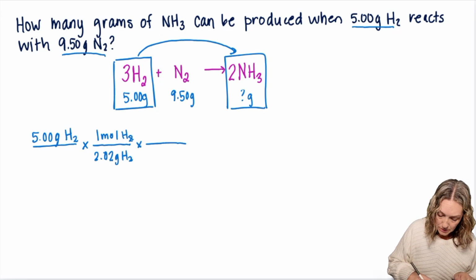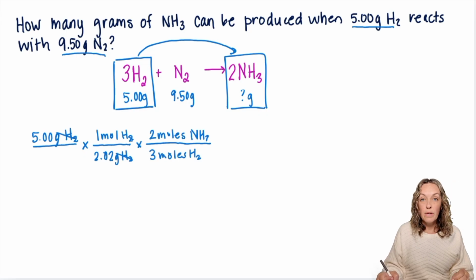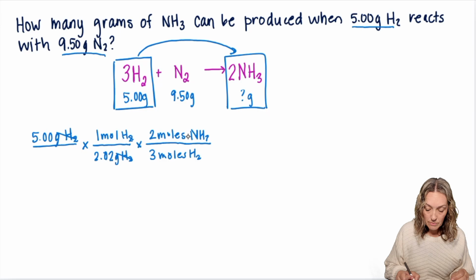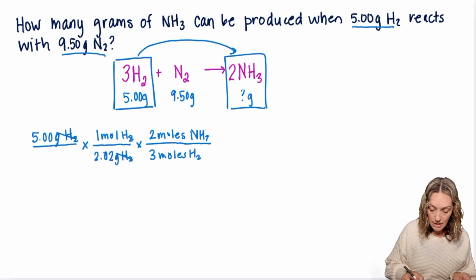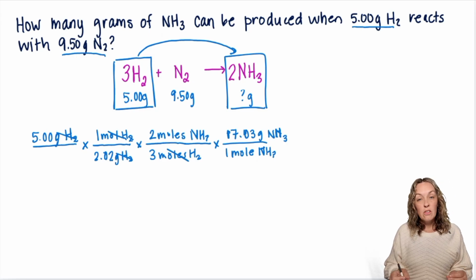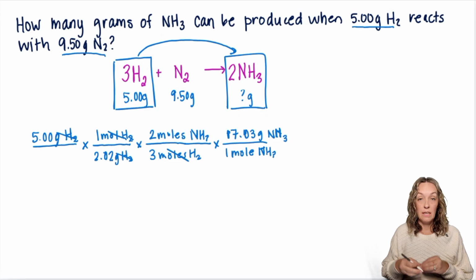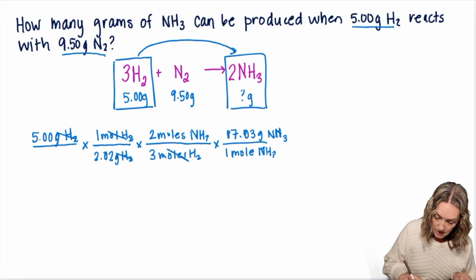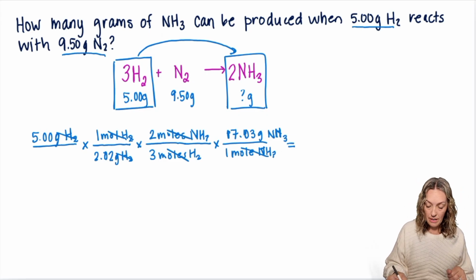Now that I'm in moles, now I'm ready to use the mole ratio. The balanced equation tells me that for every 3 moles of H2, I produce 2 moles of NH3. Since the problem asks for grams, I now need to convert my moles of NH3 into grams of NH3 using the molar mass from the periodic table. I'm going to add up 1 N and 3 H's to get 17.03 grams.